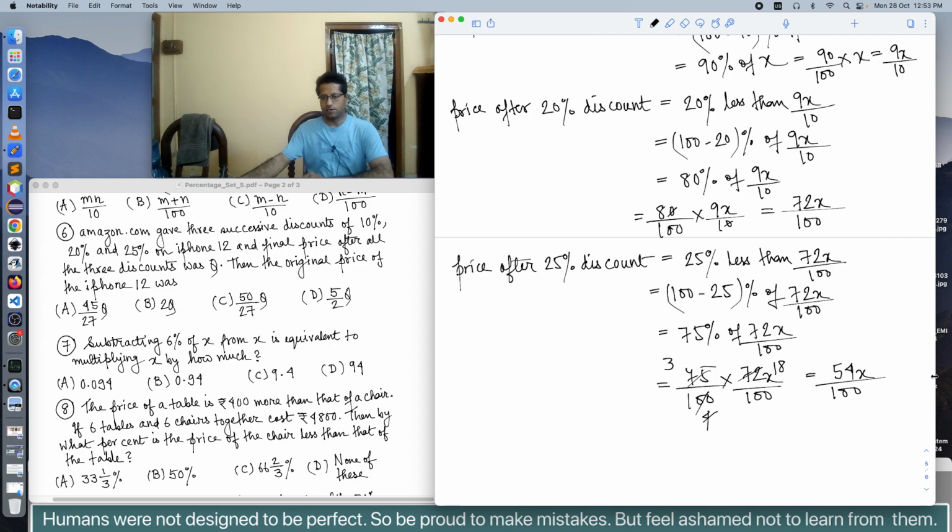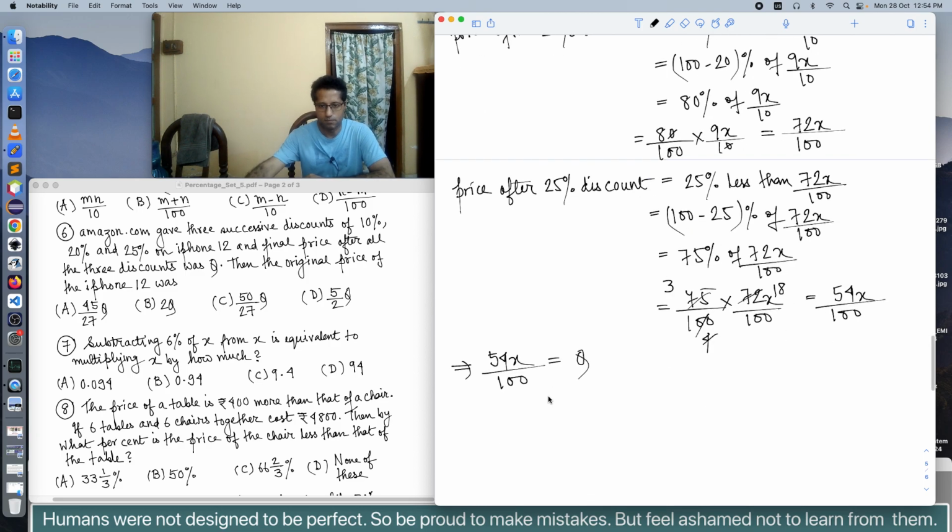So the final price is coming out to be 54X by 100, where we have assumed the original price of the iPhone was X. The final price is given to be Q. So 54X by 100 must be equal to Q. This implies X is equal to Q multiplied by 100 divided by 54.